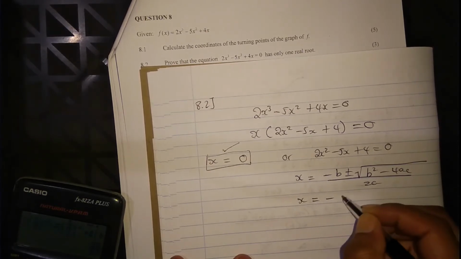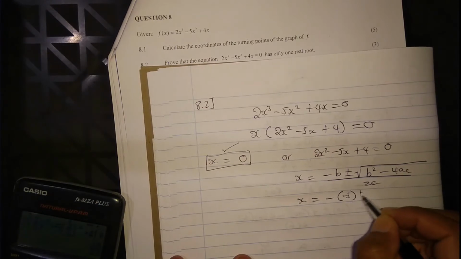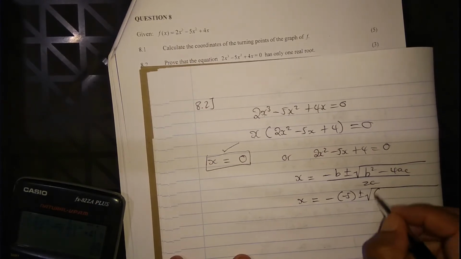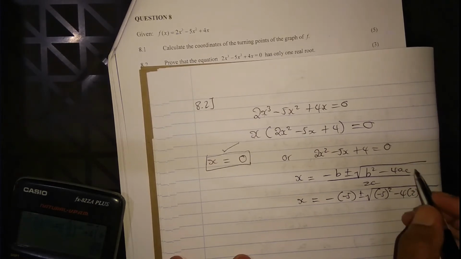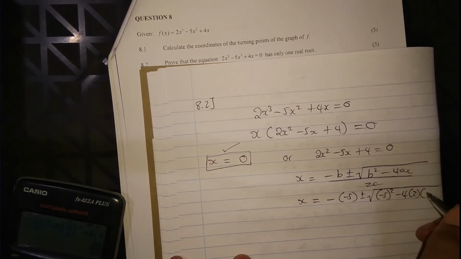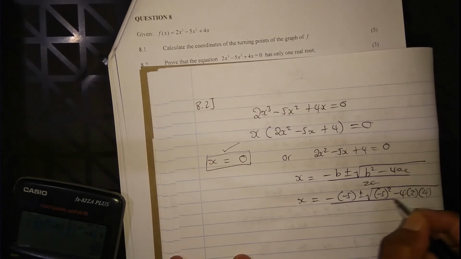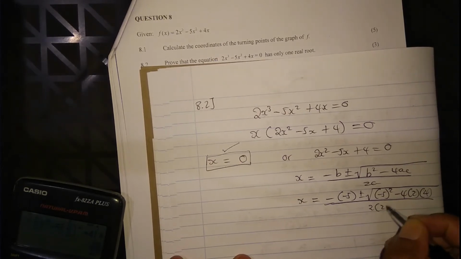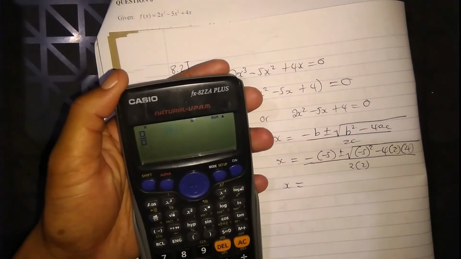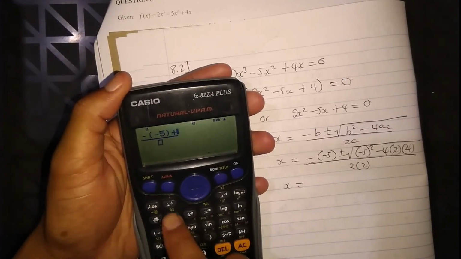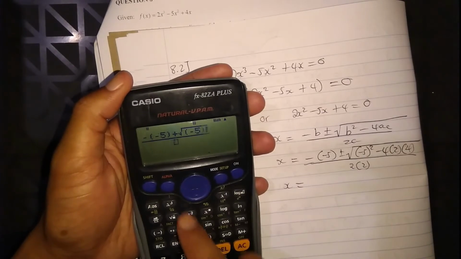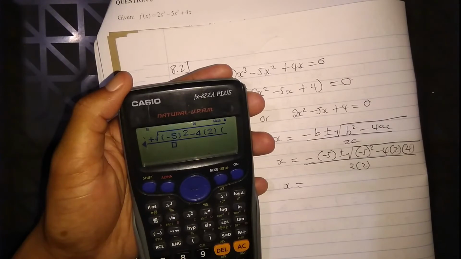So x is equal to minus b, it's negative 5, plus minus the square root of minus 5 squared minus 4. What's a? It's 2. C is what? It's 4, divided by 2 times a, which is 2.